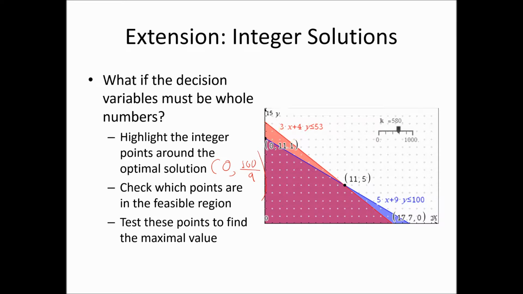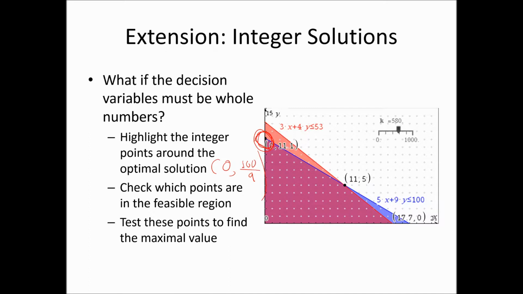So here I've got a graph of that tables and chairs problem, and we saw that this point up here was my optimal value. That was my best solution. That was the best I could hope to do. But again, we're saying we can't make 11.1 chairs. We don't like that.